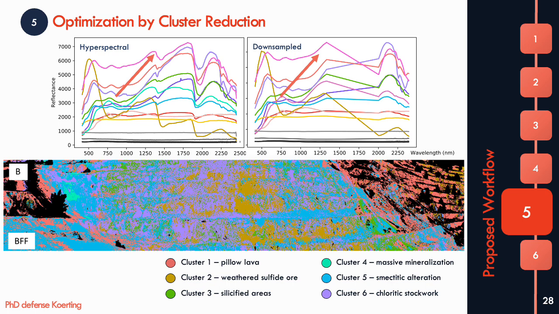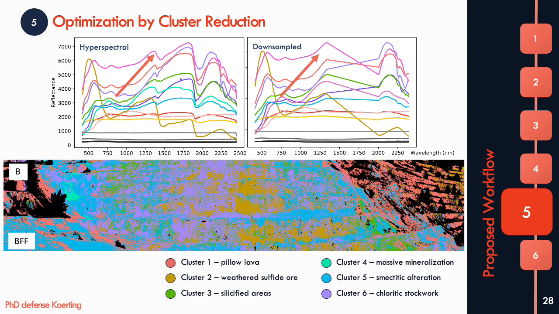So it's marked here with the orange arrow. And in the downsampled data set, this absorption feature that distinguishes gypsum is not visible anymore, which means that the spectrum that I used to compare to gypsum with my unknown pixels is actually not representative of gypsum. That's why I reduced the clusters to the 6 different clusters, and I've redone the BFF mapping here.